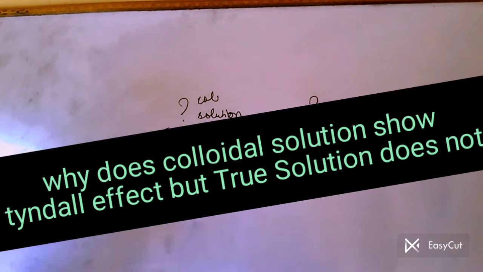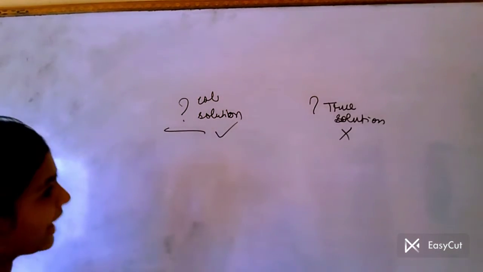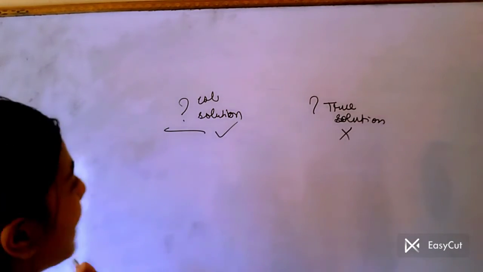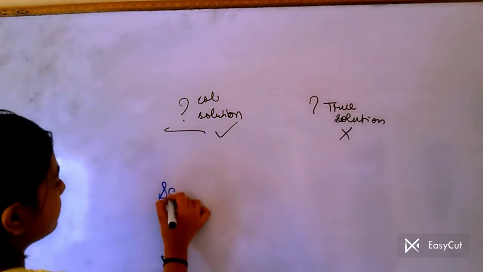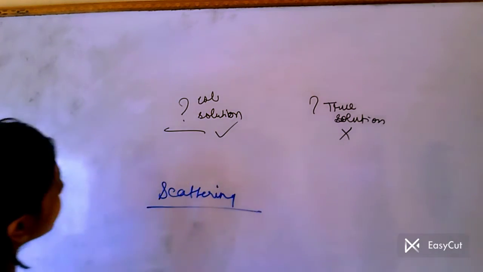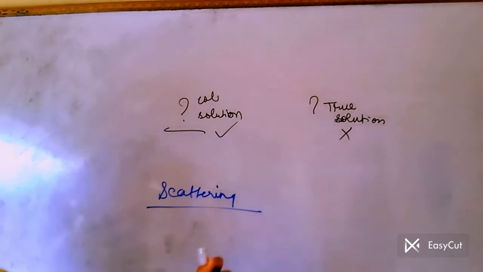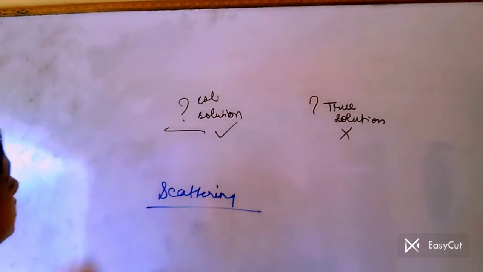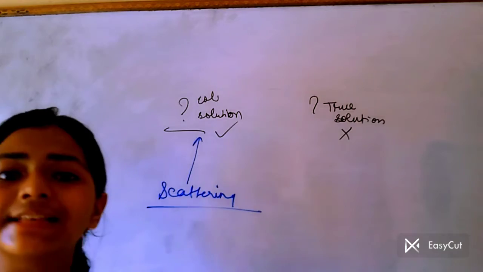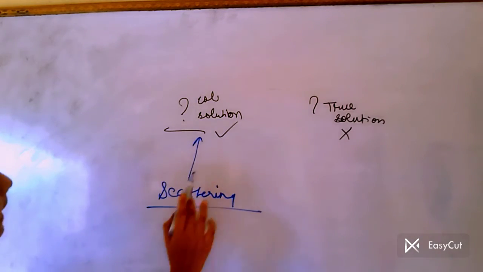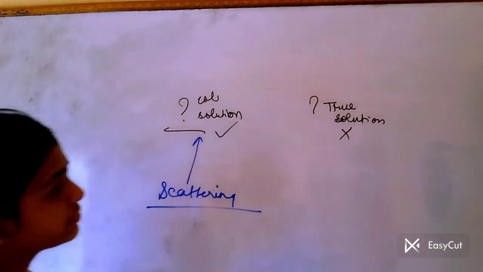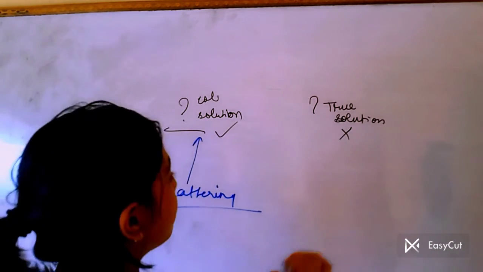For this, you just have to understand one thing. For the scattering of light, there should be enough size of the particles. So colloidal solution favors the scattering of light. It has enough size of the particles so that it can favor the Tyndall effect. Whereas in true solution, these particles are very, very small in nature.